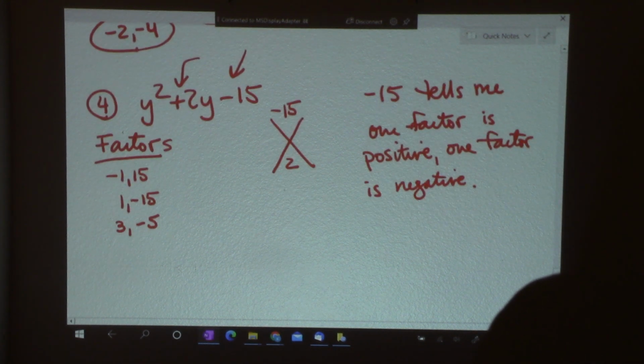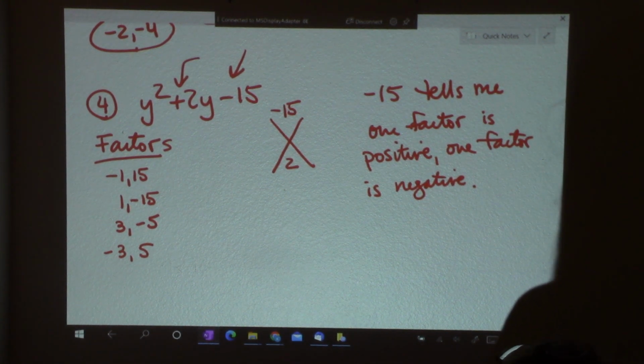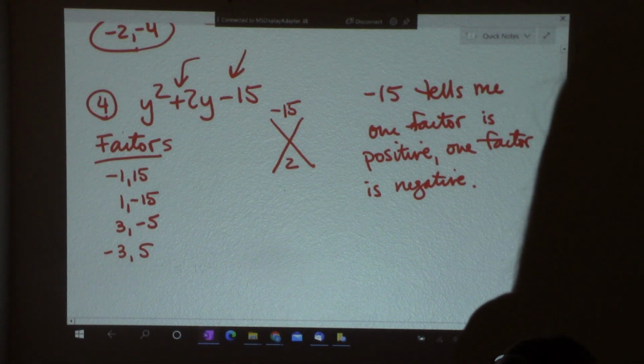Or I could have -3 and positive 5. Just one of them is going to be positive. But with those combinations, that doubles the number of factor possibilities that I can look at. And you want to write them all down. This is part of the work you need to show me because I need to see your thinking process. I need to see what you write down. And looking at them will actually help you.